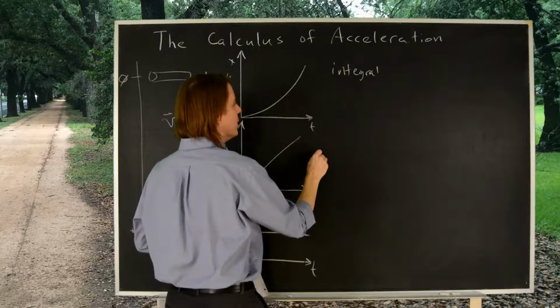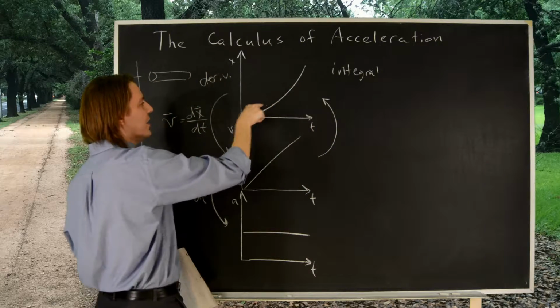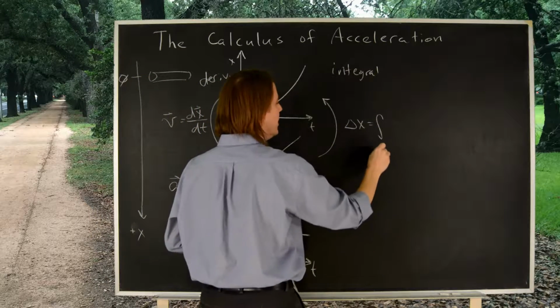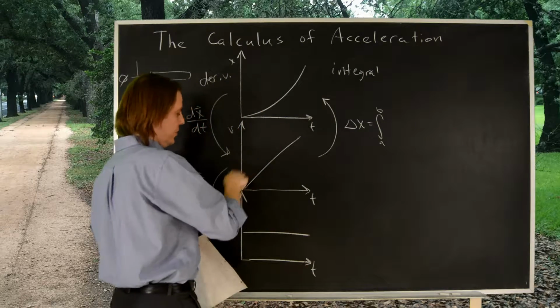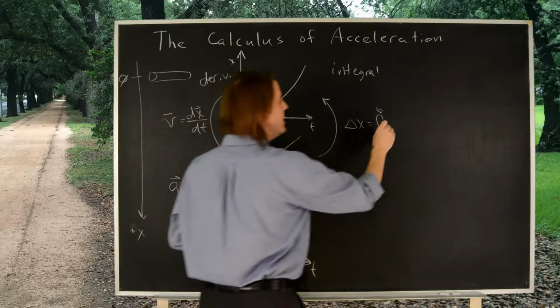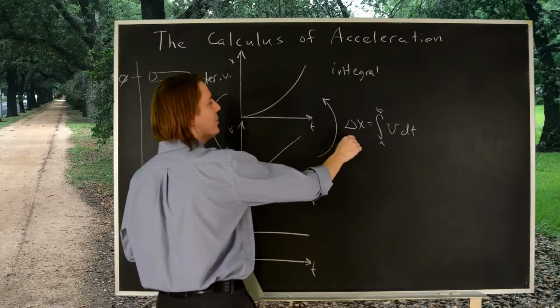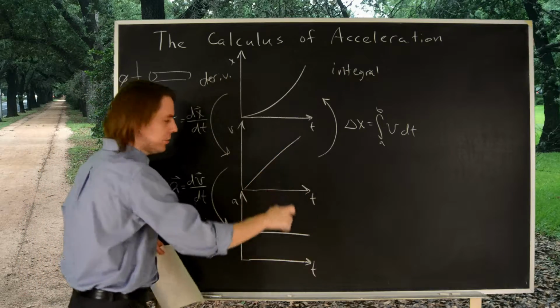All right, so if we're going to go from here to here, we know that the delta x, the displacement that you get here, is equal to the integral from a to b of the velocity dt. Right, this is if the displacement is between the points a and b. And we know you can also do an integral to get from here to here.